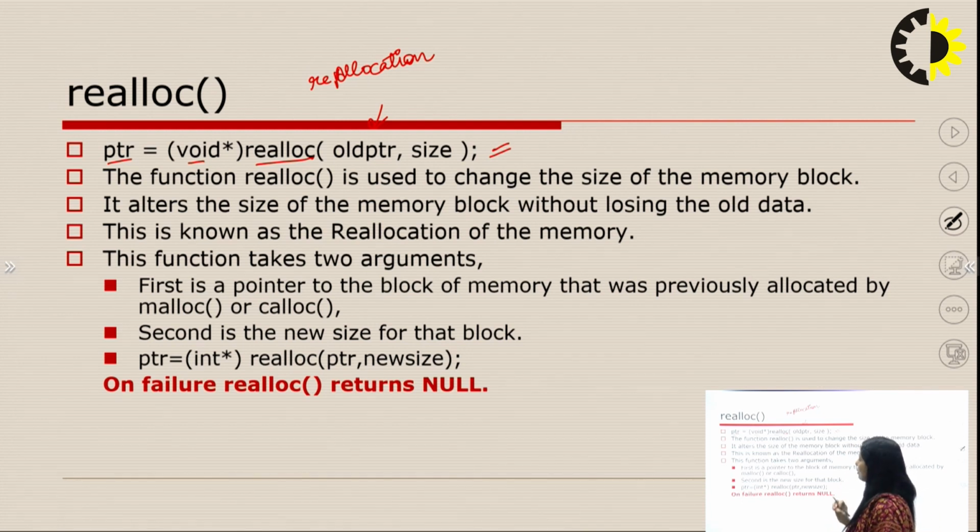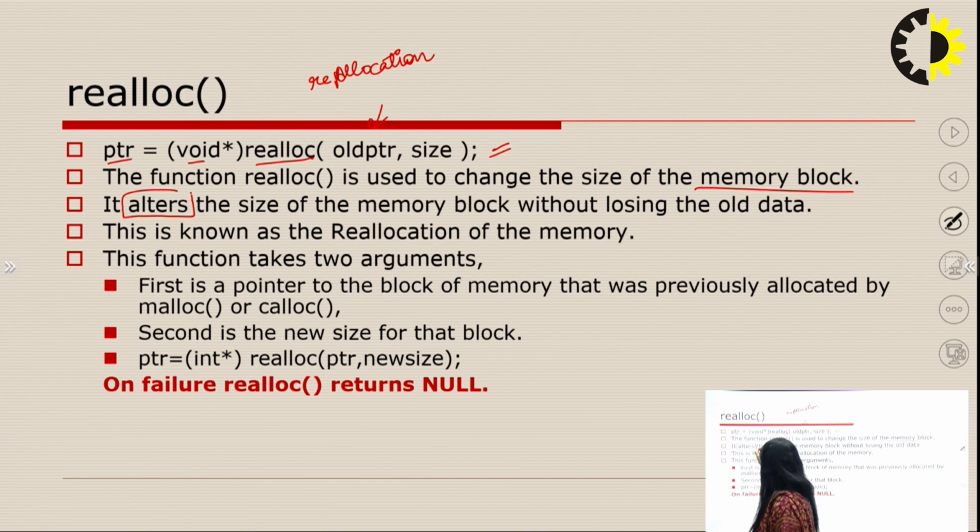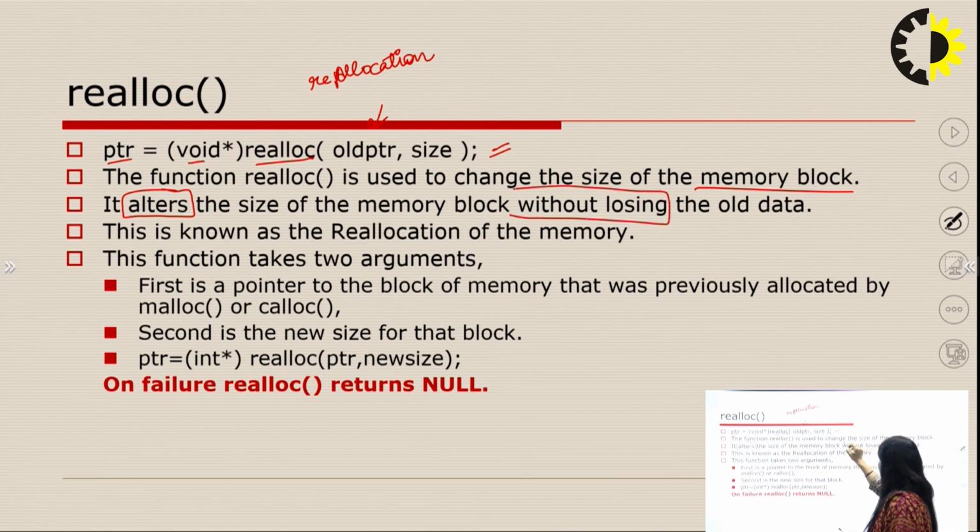The function realloc is used to change the size of the memory block. What does it mean by changing the size of a memory block? As simple as that, it alters the size of the memory block without losing, this is important to note, without losing the old data. It is not like if we are reallocating the memory space, the older one will vanish.